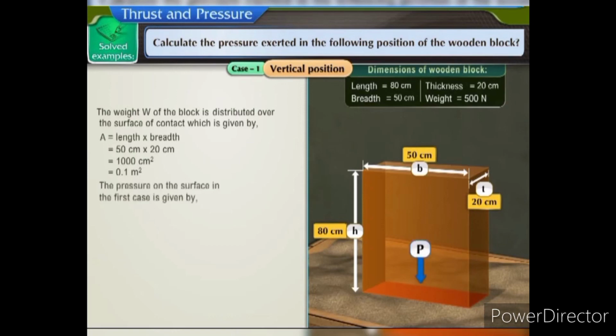Hence, the pressure on the surface in the first case is given by P equals W divided by A, which is equal to 500 divided by 0.1, which is equal to 5000 Newton per meter square.